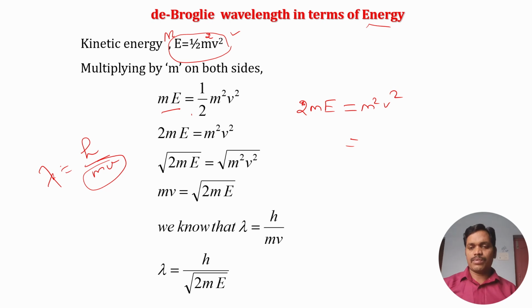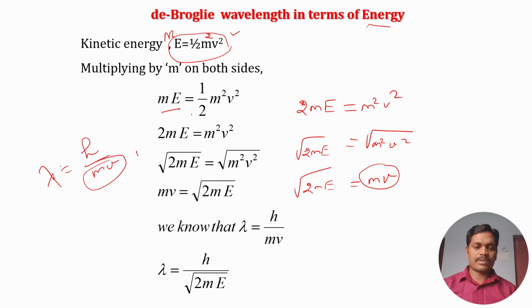If you take the square root on both sides, you get root of m square v square is equal to root 2mE, and we have mv is equal to root 2mE. This value we substitute in the equation, so that lambda is equal to h by root 2mE. So this is the de Broglie wavelength equation in terms of energy.